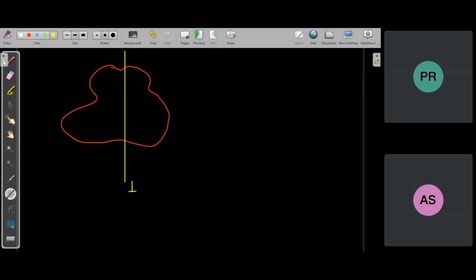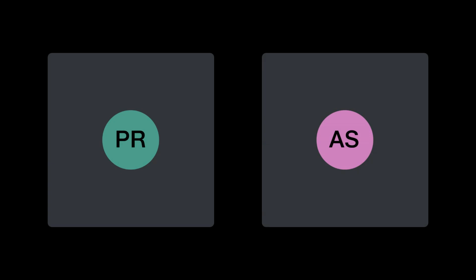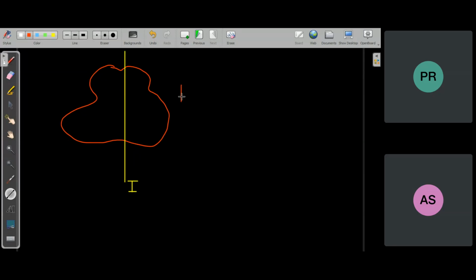The screen call is not visible, sir. Not visible now. Yes, sir, not visible. Okay, black on the side, only black.